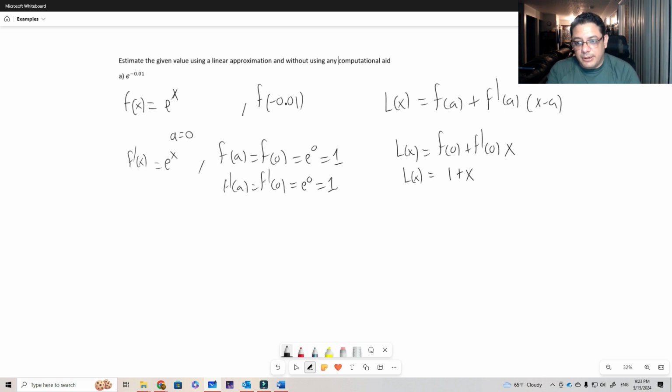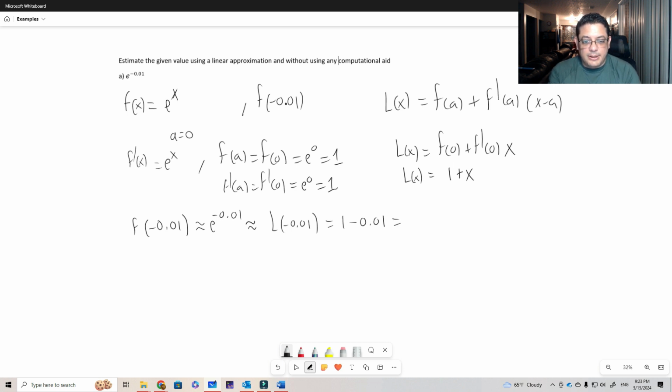Now if we want to approximate f of minus 0.001, what we're really doing is approximating e to the minus 0.001, and that is approximately L of minus 0.001, which is 1 minus 0.001.